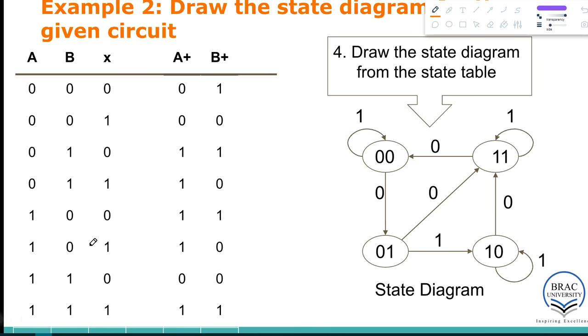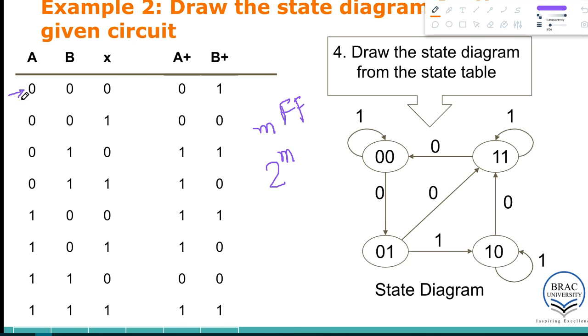From this table we can draw the state diagram just like before. We had two flip-flops, and if we have m flip-flops, then we'll have 2 to the power m states. So we'll have 4 states: 00, 01, 10, 11.